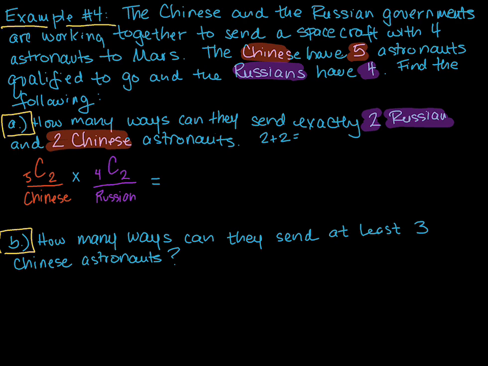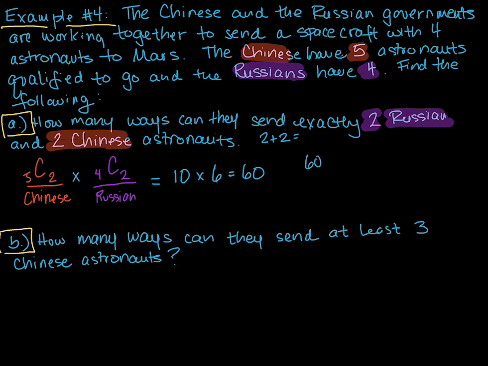So plugging that into the calculator, which I'm doing off screen, I'm doing 5 choose 2, and that gives 10. And then I'm doing 4 choose 2, and that gives me 6, and that's 60.